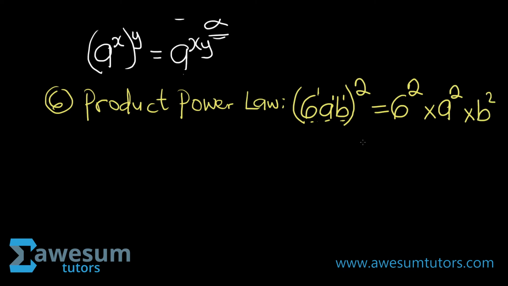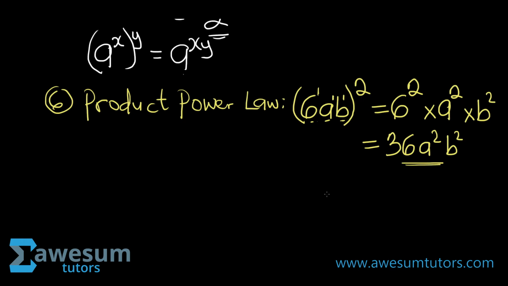So in the end, I'm going to have 6 squared, which is 36, a squared, b squared. You're going to have 36 times a squared times b squared. This gives you your final answer.